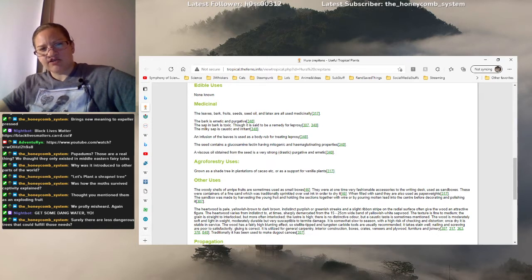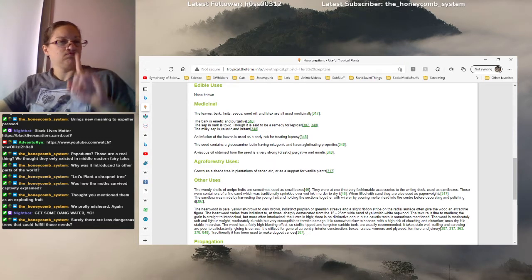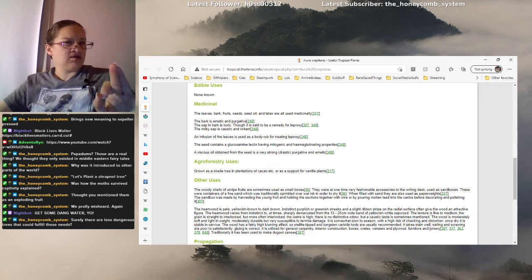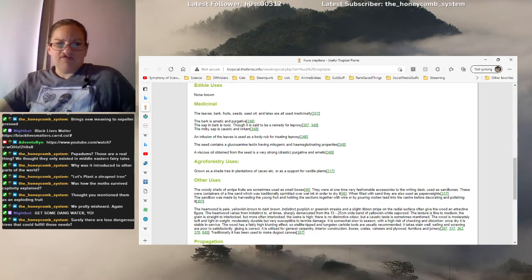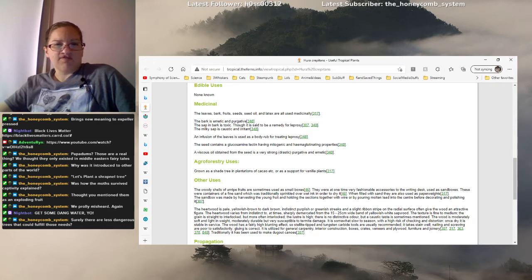The seed contains a glucosamine lectin, having mitogenic and hemagglutinating properties. A viscous oil obtained from the seed is a very strong, drastic purgative and emetic.